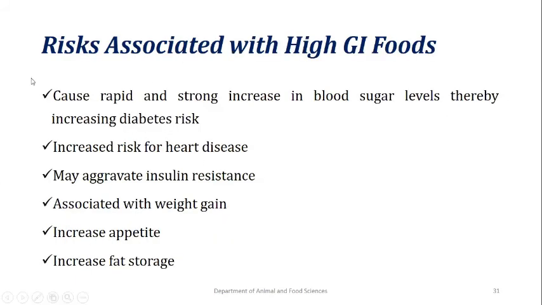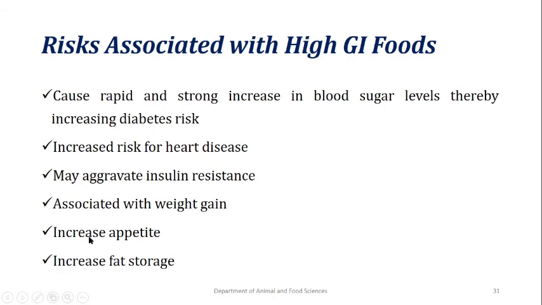And these are the risks associated with high GI foods. They cause a rapid and strong increase in blood sugar levels, thereby increasing diabetes risk, and may cause insulin resistance. They can also be associated with weight gain and increased appetite, because high GI foods can be eaten in larger quantities.